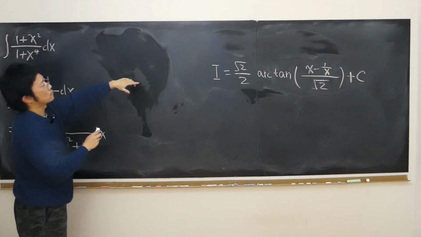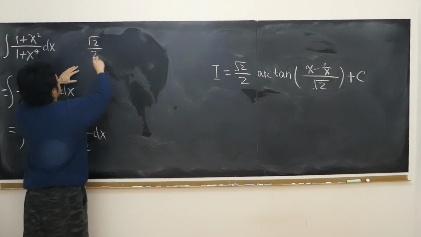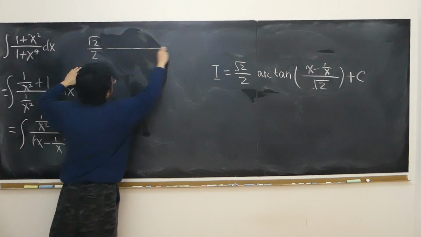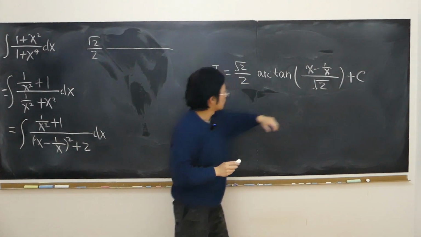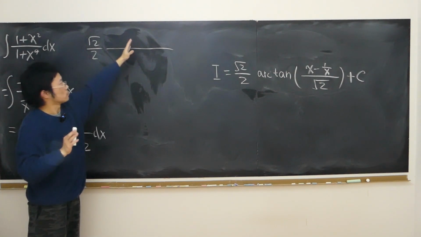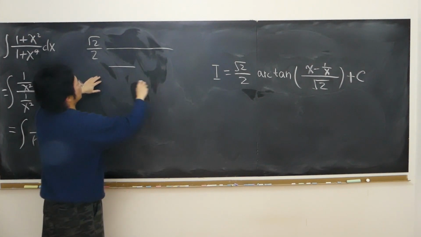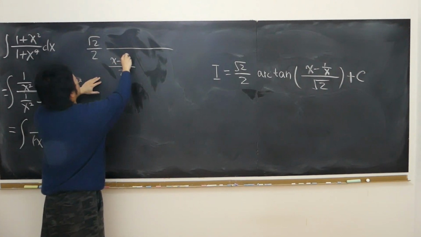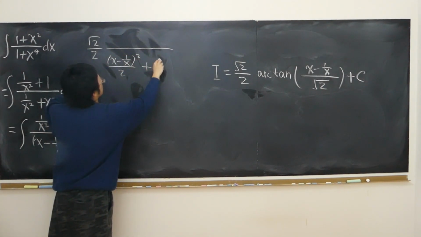With respect to x, first copy down the coefficient times 1 over this quantity squared plus 1. I'm going to leave out the 1 on top for now, because in the end we'll have something else there. So square root of 2 squared becomes 2, and we have (x minus 1 over x) squared plus 1.